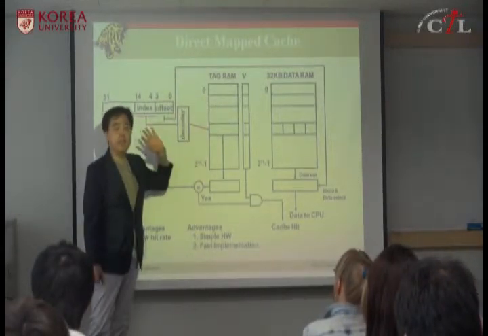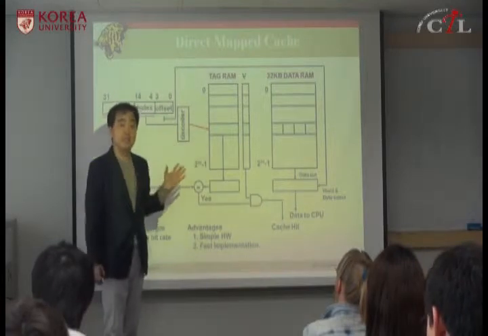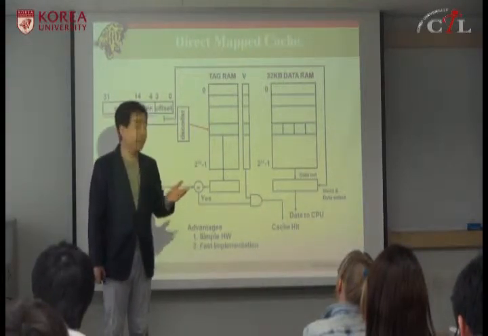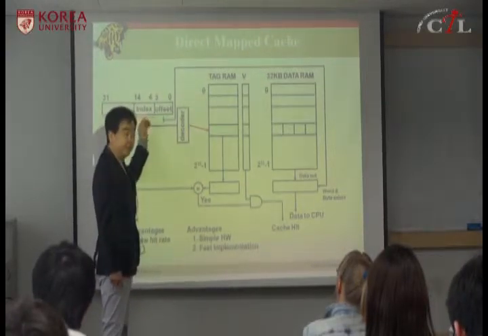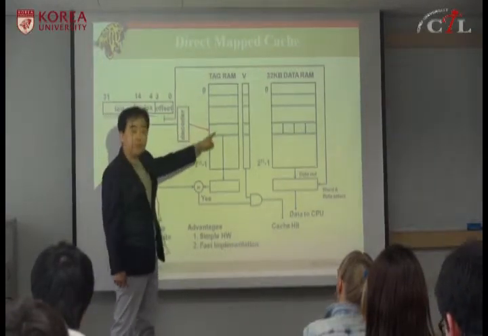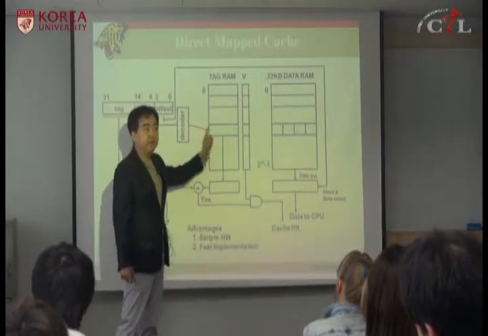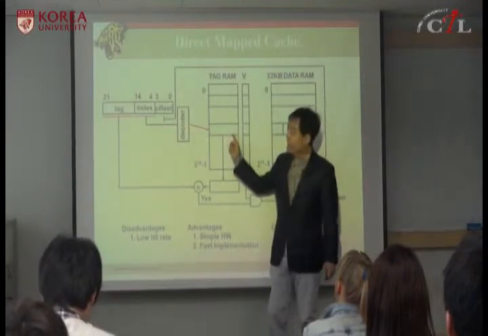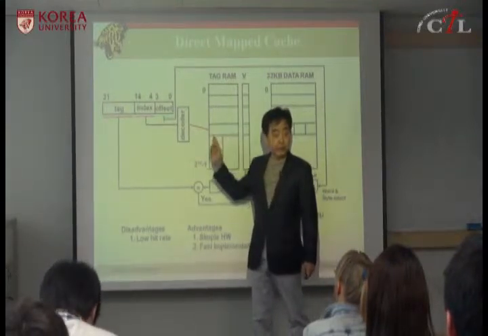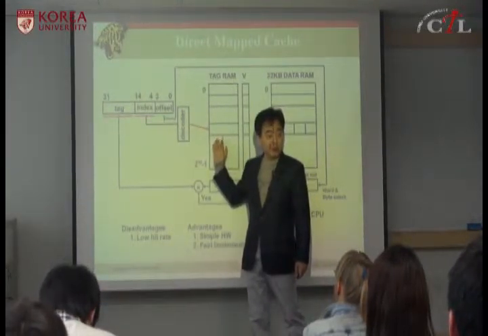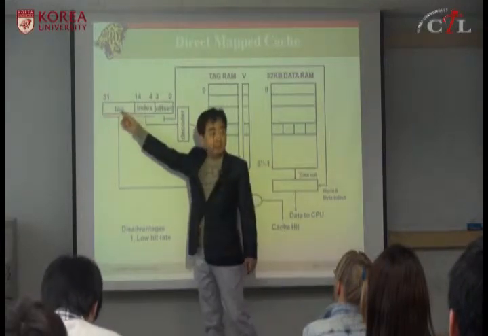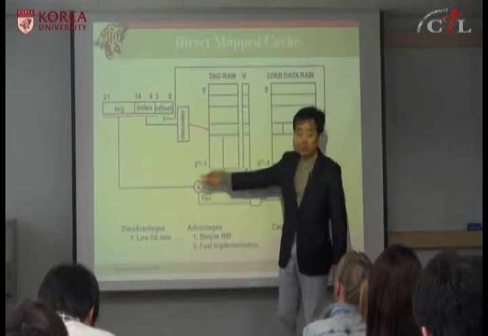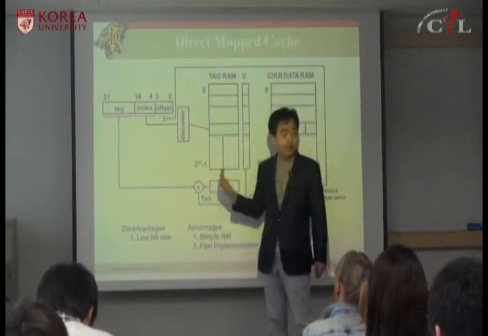For the other locations, there is no chance, because in a direct mapped cache there is only one place I can go into. Using this 11-bit index, I do the decoding and identify this location. This is the cache block I have to look up. But I should check the tag, because I have to confirm that this is the memory block I am looking for. The tag extracted from the physical address and the tag stored in the cache should match to determine the hit.